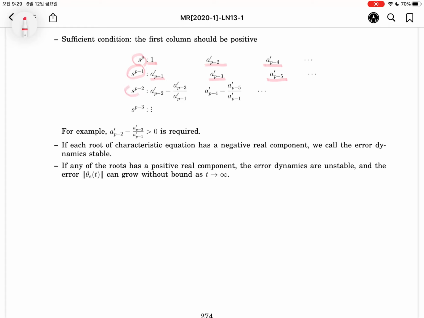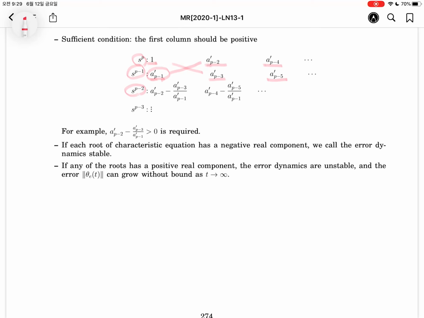Okay, here for the next row, s to the p minus 2, we should calculate this term. The p minus 1 coefficient should be the denominator, and the numerator will be the product of these parameters minus this one.